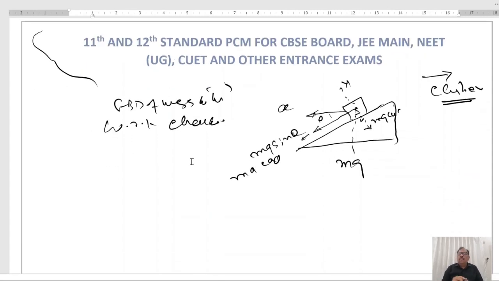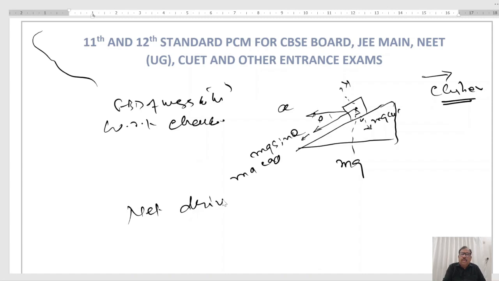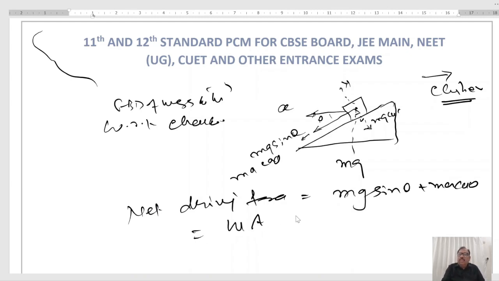Now, the net driving force will be equal to mg sin theta plus ma cos theta. Net driving force is equal to m into a. Right? Therefore, the acceleration of the block will be, m cancels m, g sin theta plus a cos theta.